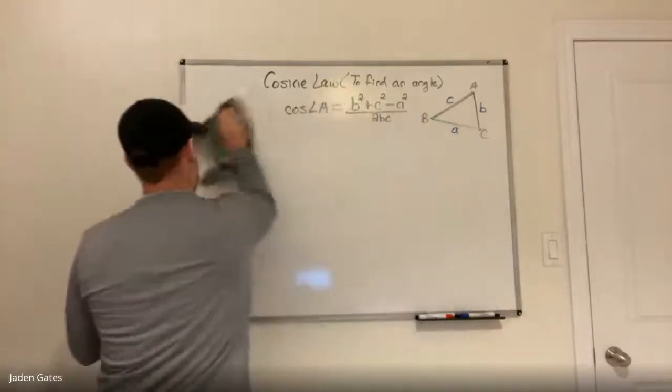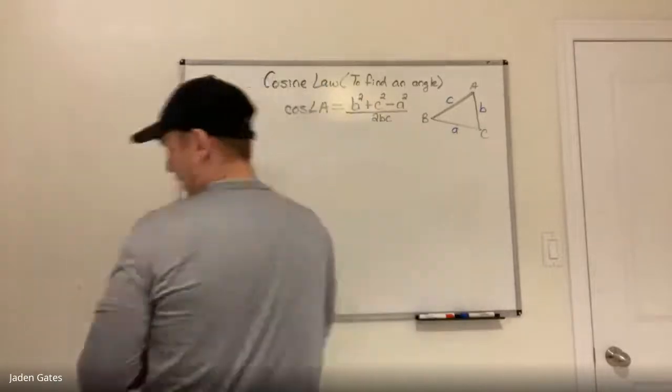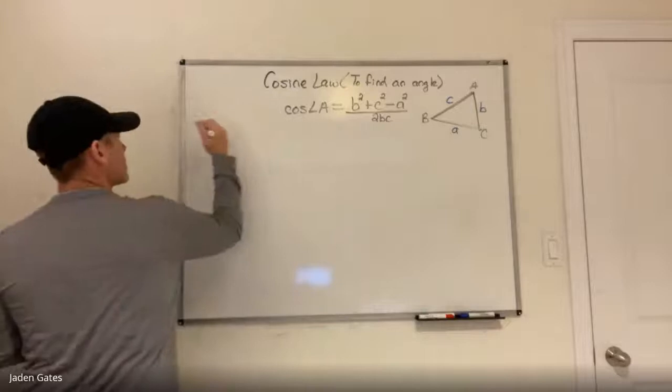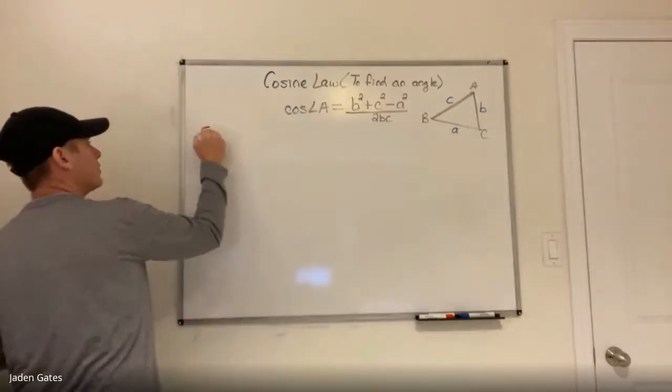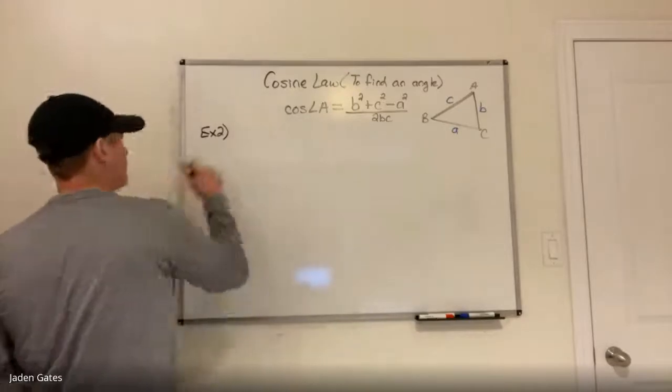All right, so example 2. Again, we're going to be finding an angle because if we're using this cosine law, we're going to have all 3 sides here. Again, find the missing angle.